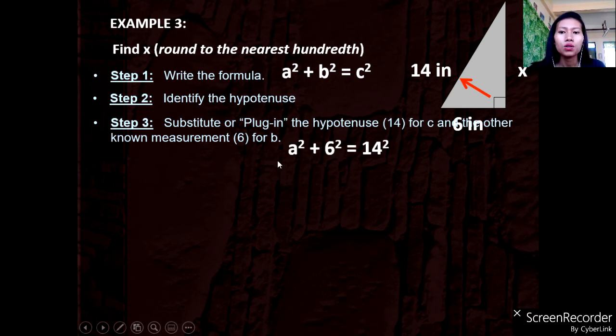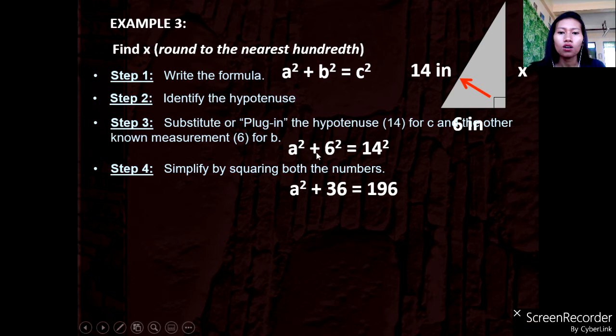Okay, so for this example, isa-substitute natin yung 6 on the variable b, and then yung hypotenuse natin is 14. So get the square of 6, that is 36, and then 14 square naman is 196.